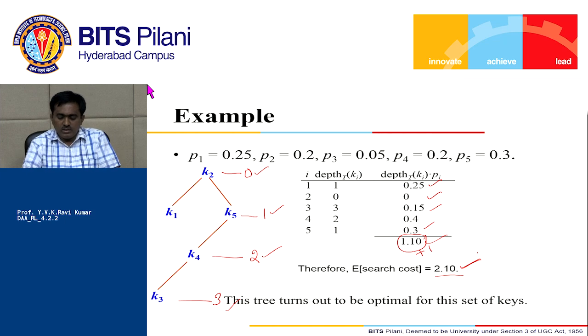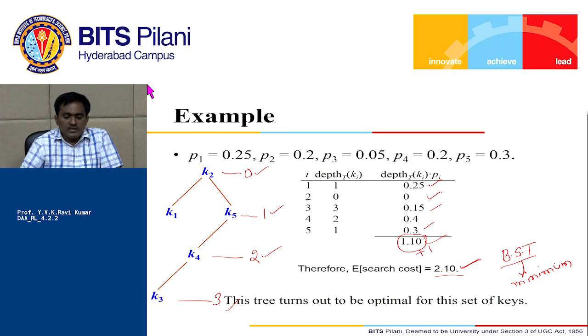Between these two, we want the search cost to be minimum. Therefore, this binary search tree, whatever we constructed, is the optimal one which gives minimum search cost.